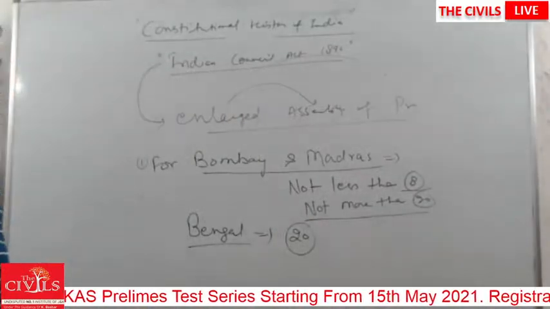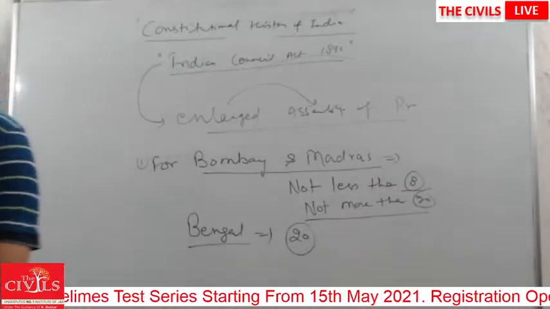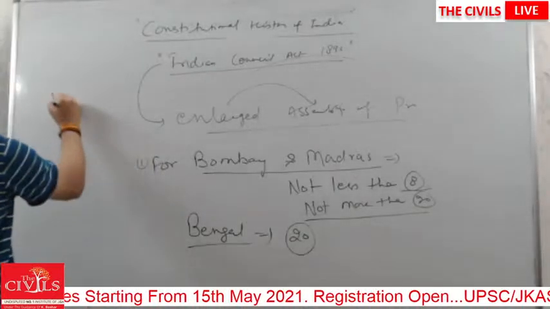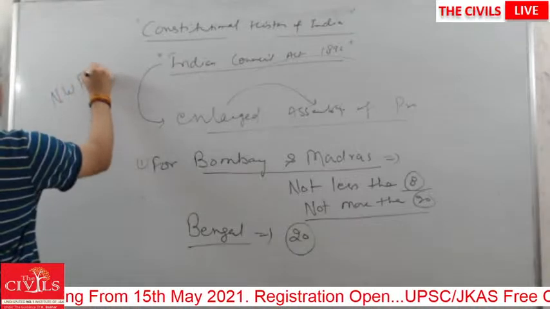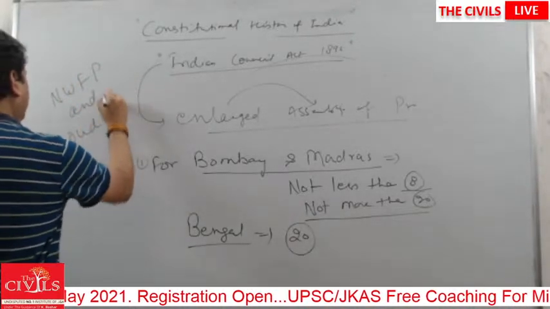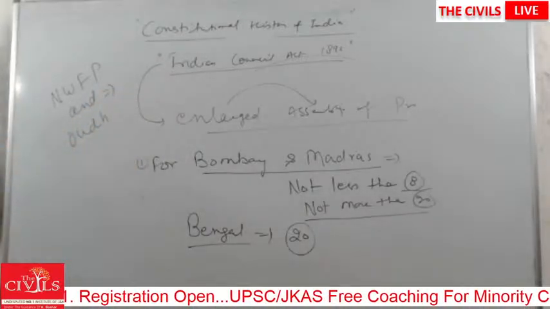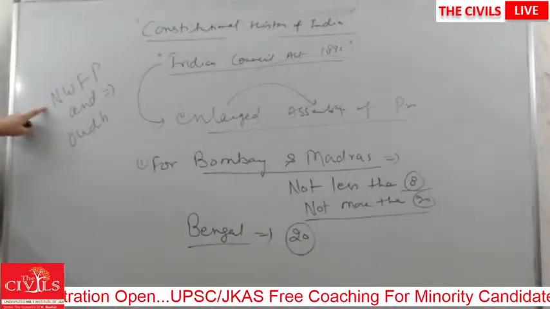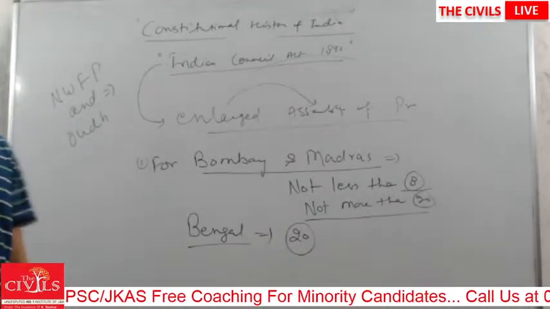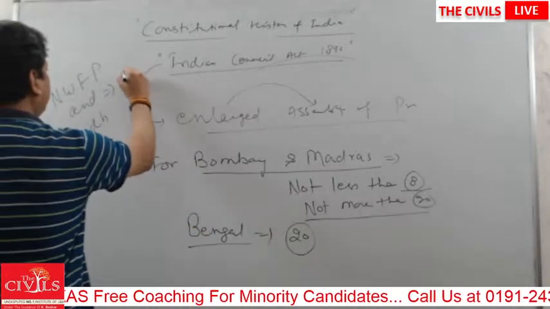And for the Northwest Frontier Province and Awadh, this was fixed to 15 members.